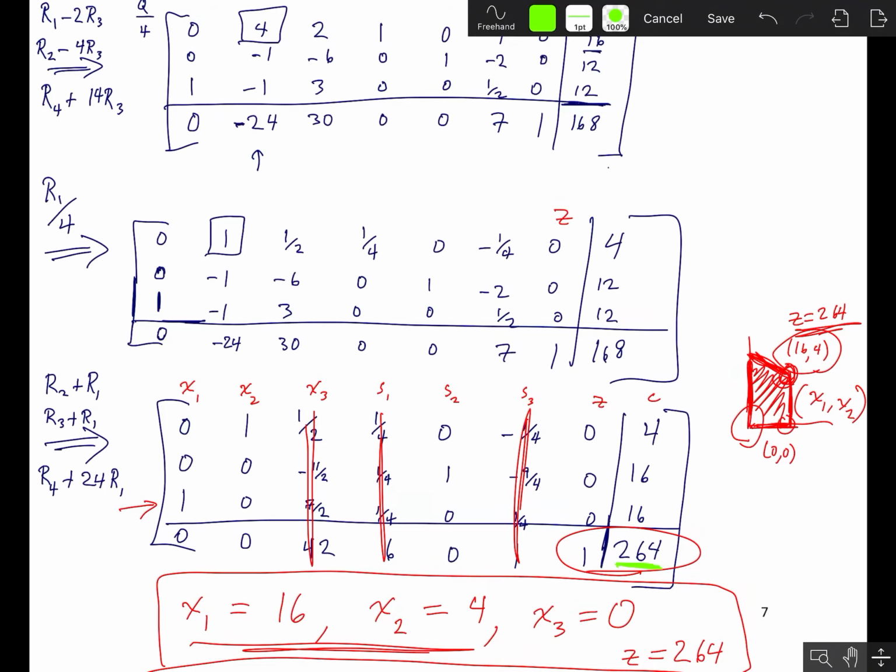So instead of drawing this z column over and over, some people like to just omit this column altogether because it's always going to stay the same, and instead they would identify z with this bottom right entry. And that's fine with me. So if you want to stop writing the z column, then you can just remember that z will be this bottom right entry at the very end of the process.